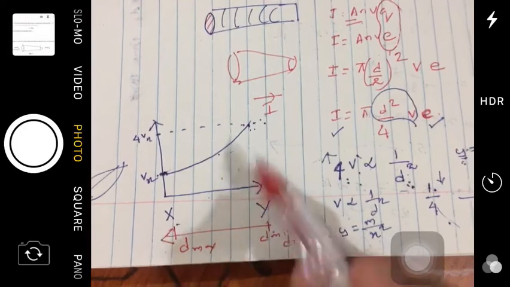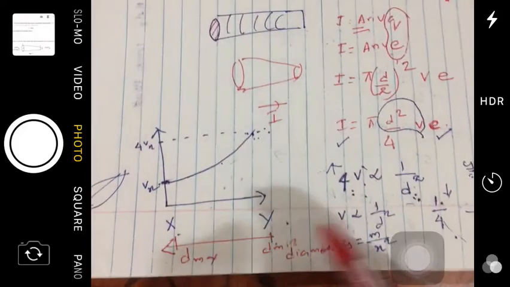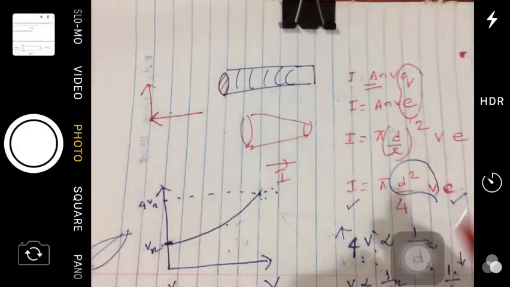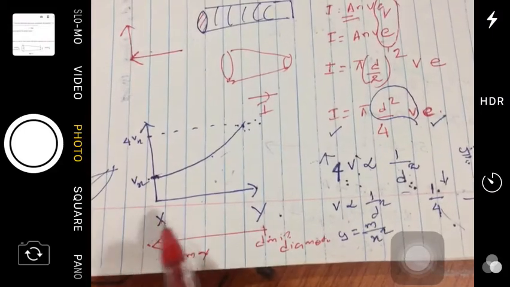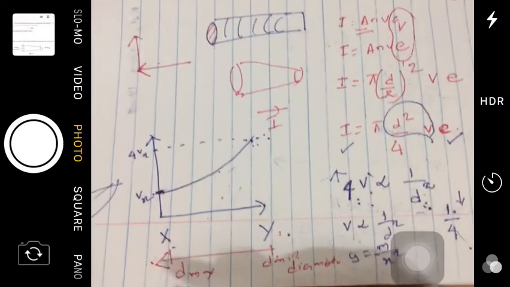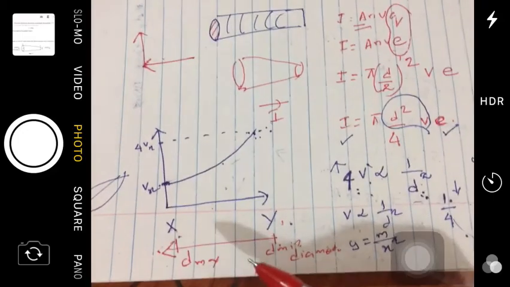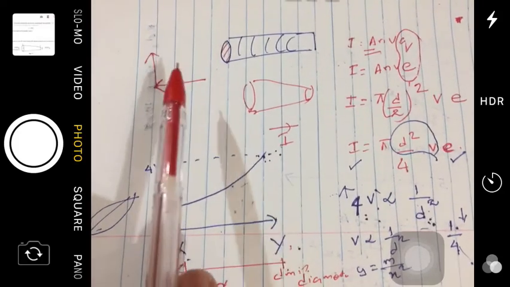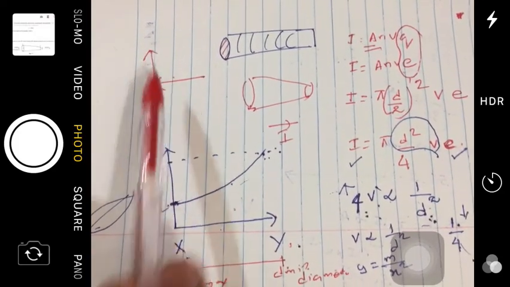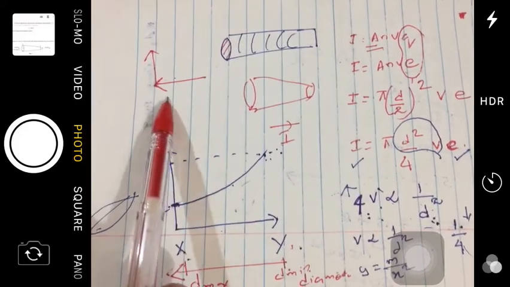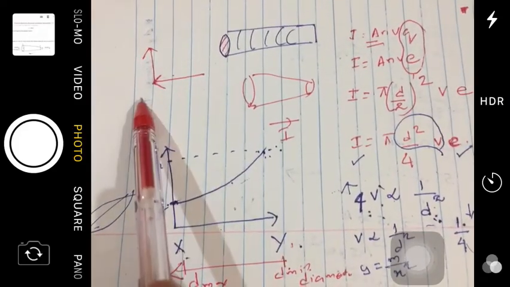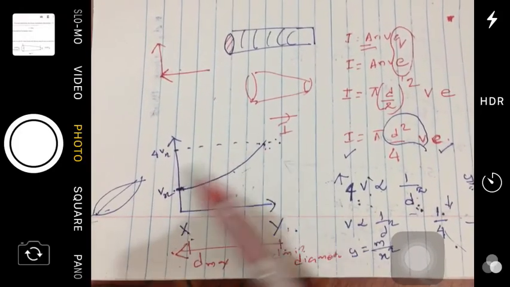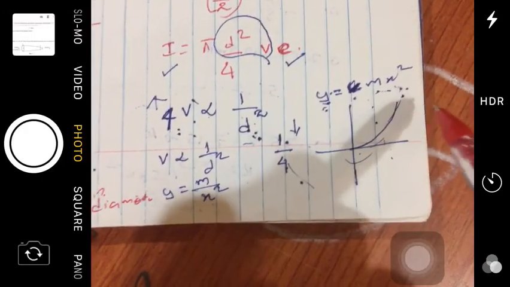This is a kind of strange comparison graph, because drawing x to y here means you are drawing the diameter axis the other way, right? Because the diameter is dropping continuously along x to y. So I'm drawing a graph of v along the decreasing diameter. Diameter increases in this way means diameter decreases this way. That's why you still get the same shape, right?